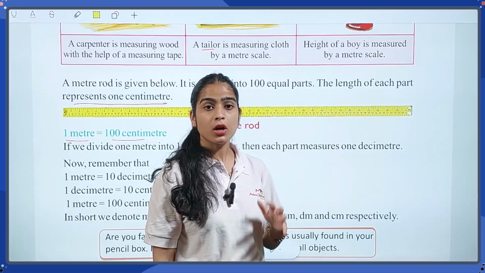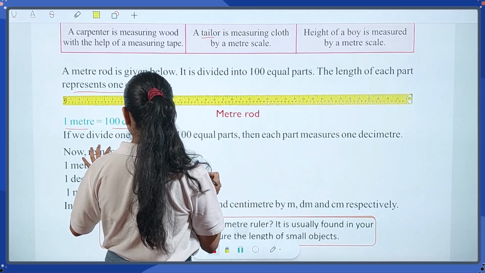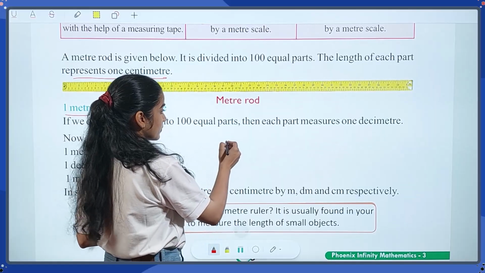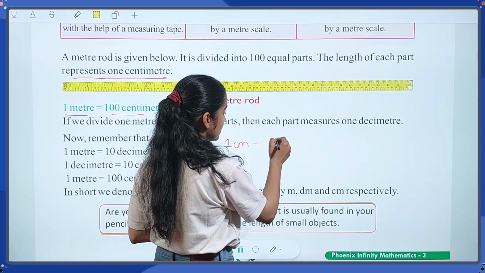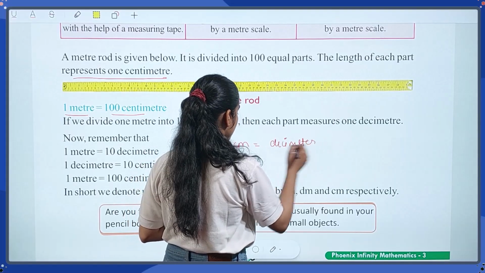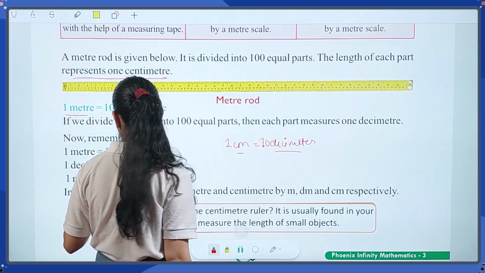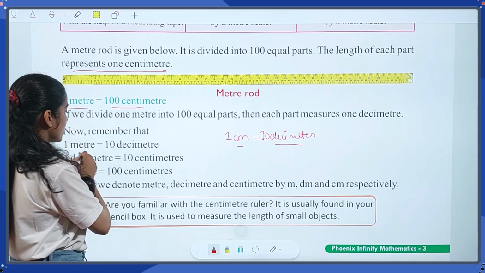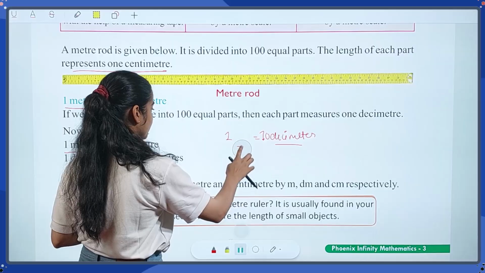So how many decimeters are there in 1 meter? 10 decimeters is the answer. So 1 meter is equal to 10 decimeters.